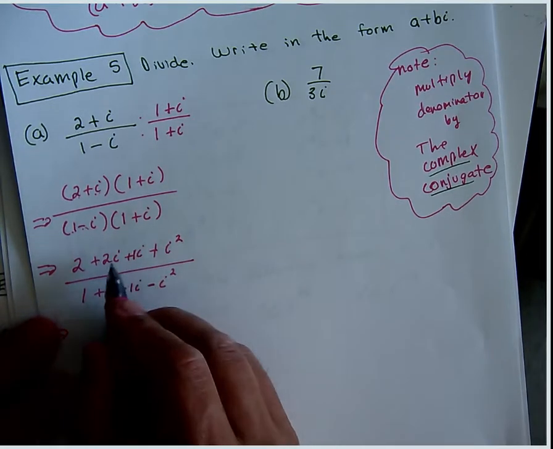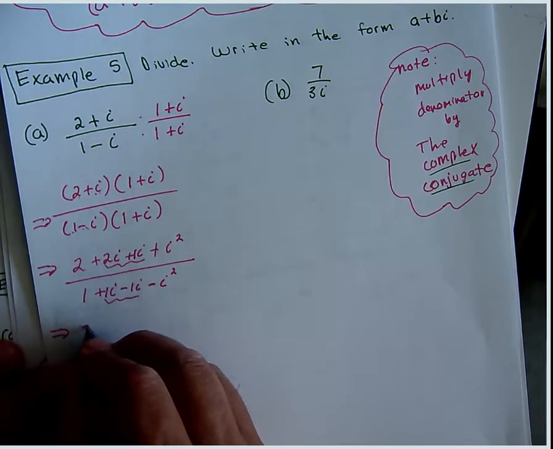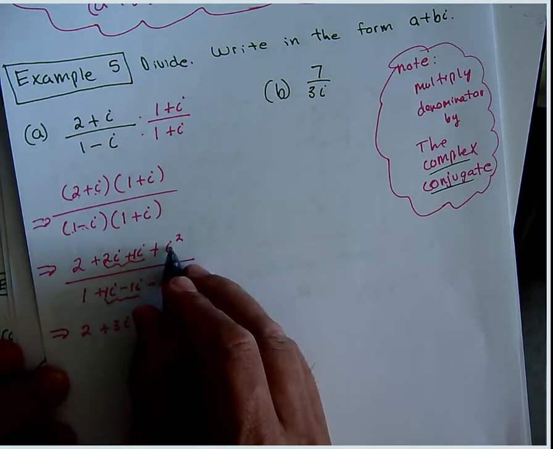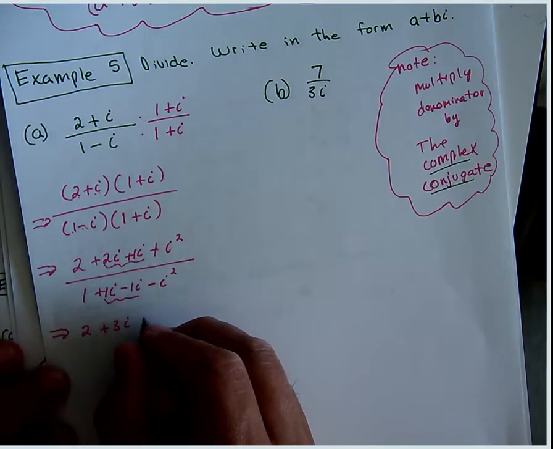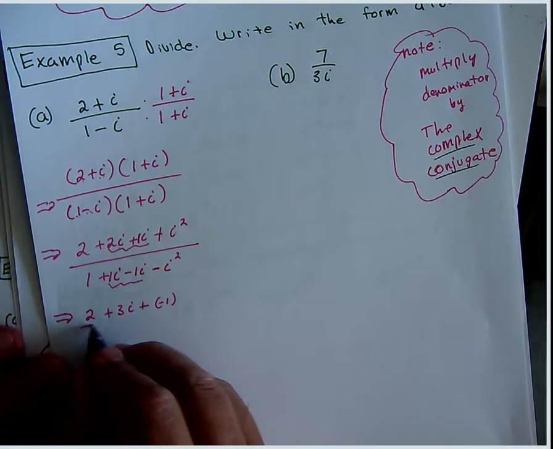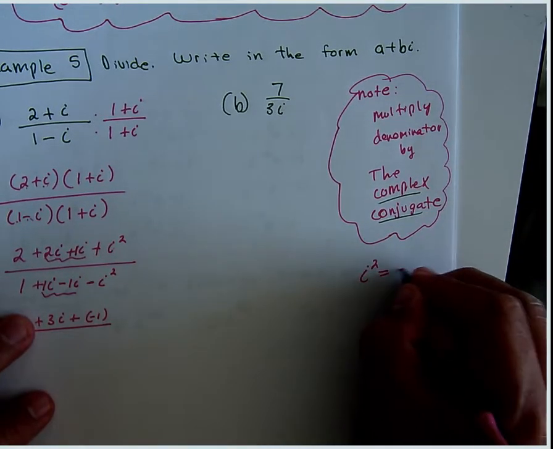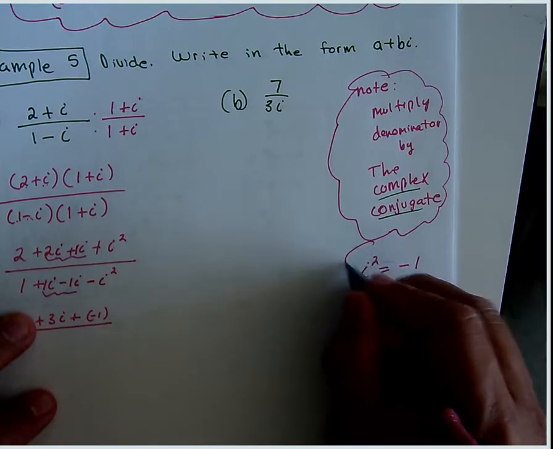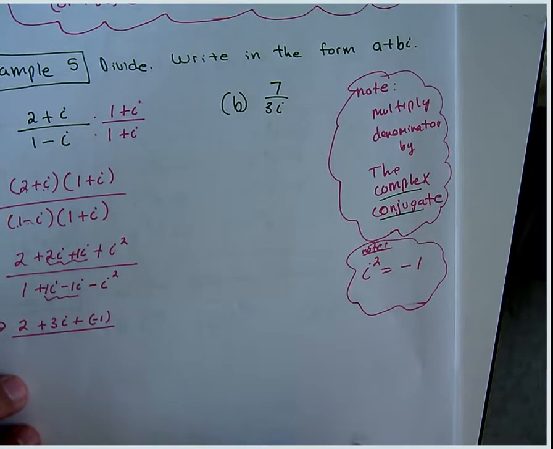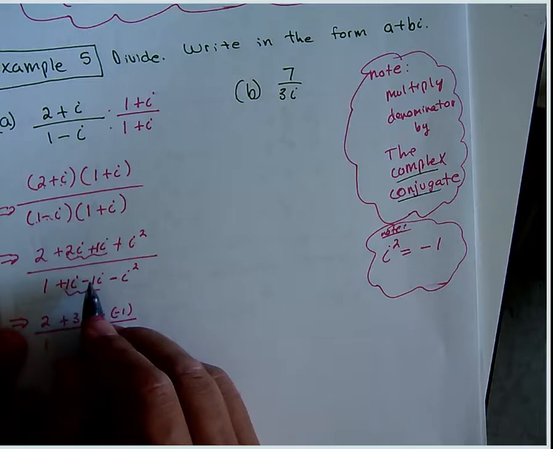So let's combine. We can combine these two, and that's 2. So the top would be 2i plus 1i would be 3i, plus negative 1. Right? Don't forget that i squared is equal to negative 1. Don't forget this. And then the bottom would be 1i minus 1i.